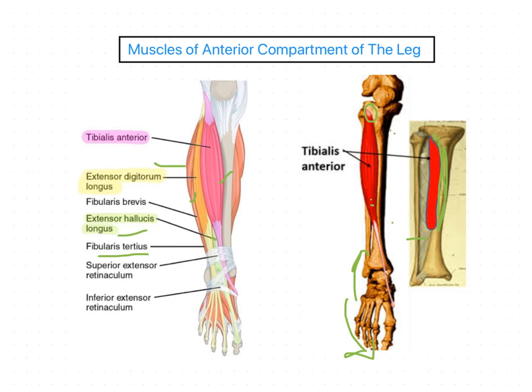It keeps the leg vertical while walking on uneven grounds, and also this muscle maintains the medial longitudinal arch of the foot. These are all the functions of the tibialis anterior.